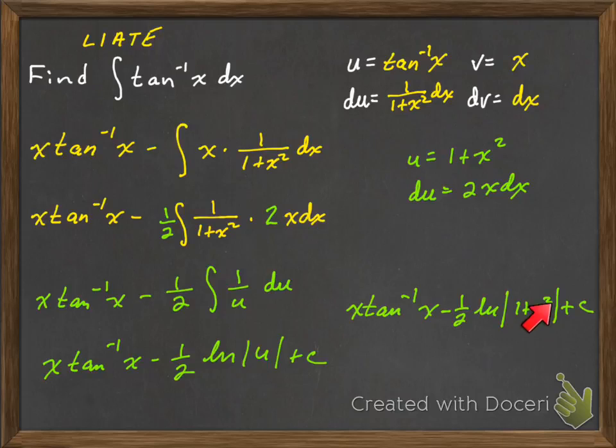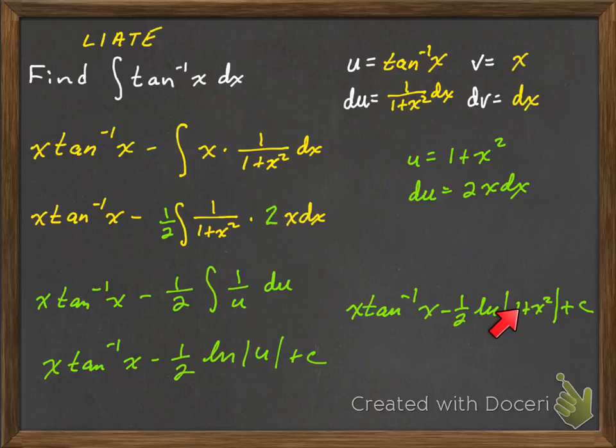Now, technically, we always put absolute value bars on the natural logs when we take the integrals. However, remember what absolute value bars do, and that just simply tells you that this is always going to be positive. Now look at your function. You have 1 plus x squared. When you square a number, that's always going to be a positive value.